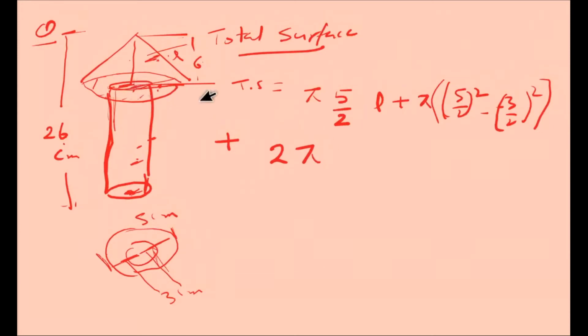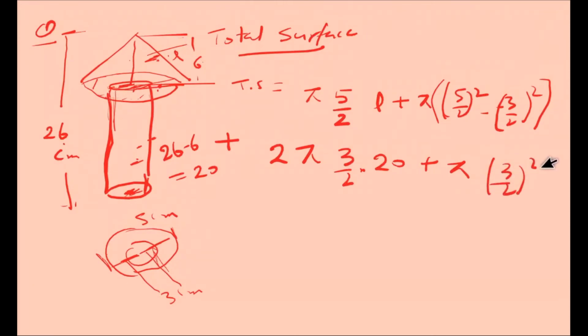This one, that is 3/2, and height is 26 minus 6 equal to 20, 2 pi rh, into 20, plus area of this base, that is pi r square, that is r is 3/2 square.